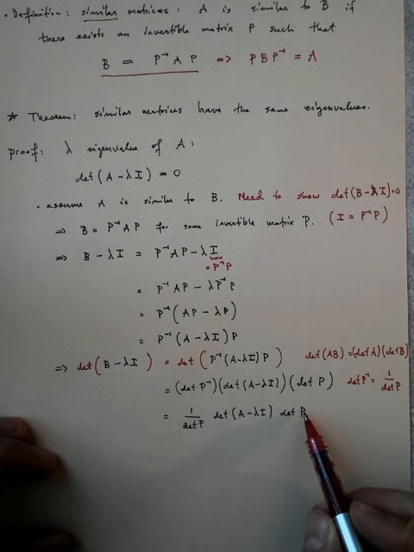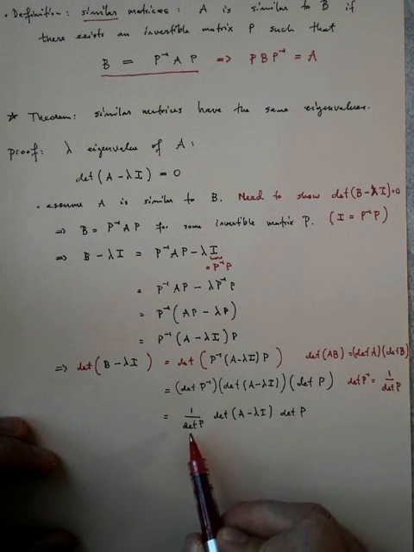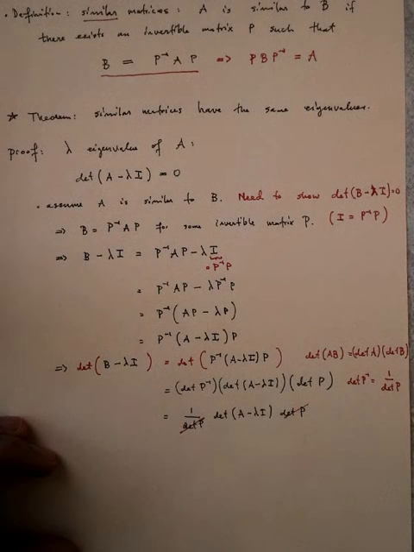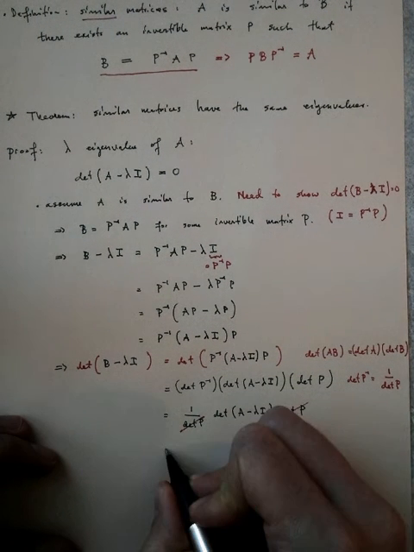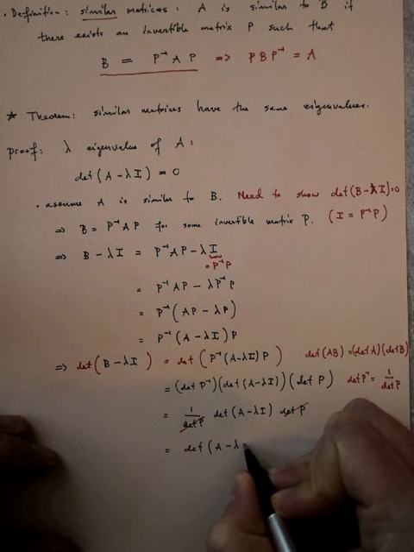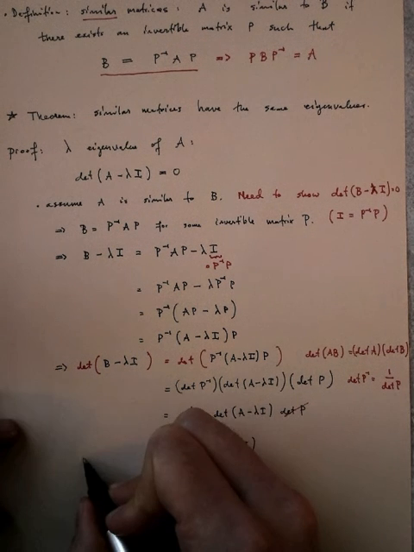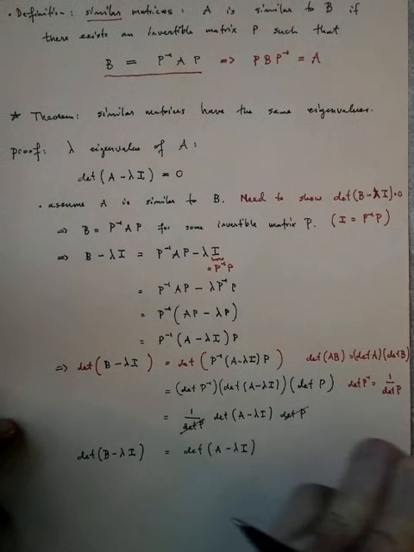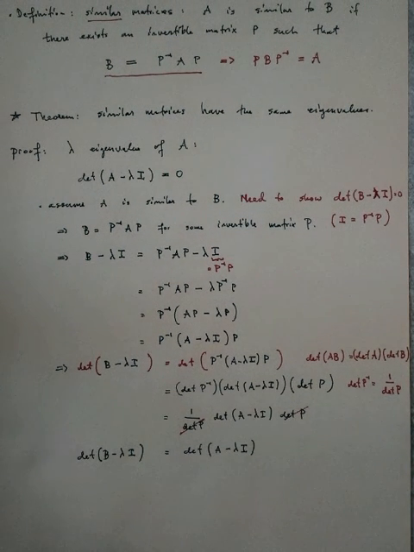So this is a number, maybe it's 5, and this is 1 over 5. So they cancel out. So I get determinant of A minus lambda identity is equal to determinant of B minus lambda identity, right?